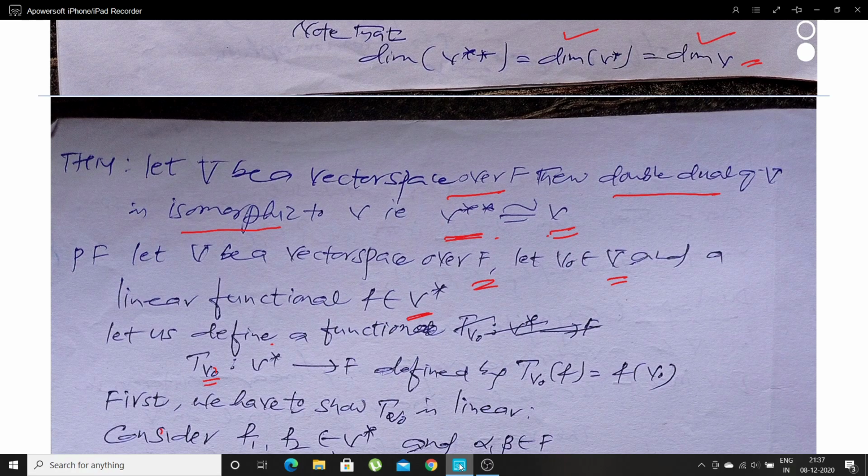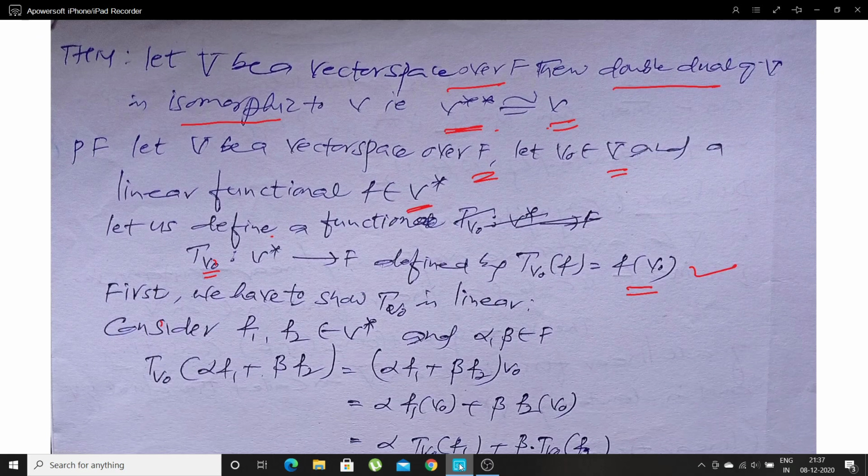The condition is T V naught of f is equal to f of V naught. Using this condition, we have to show that it is homomorphic, that means linear, then one-one and onto.